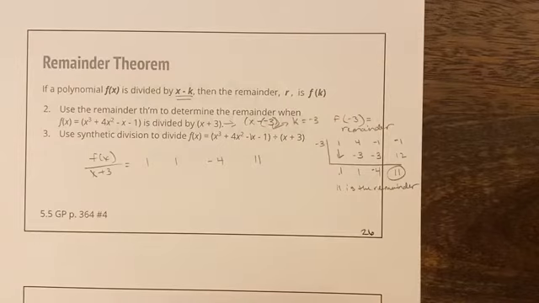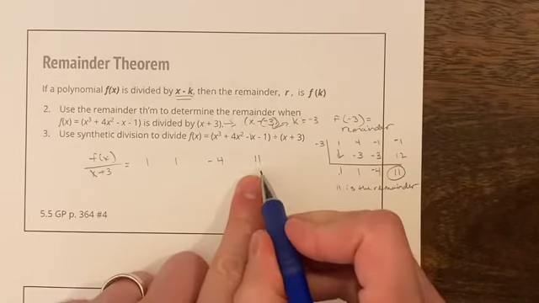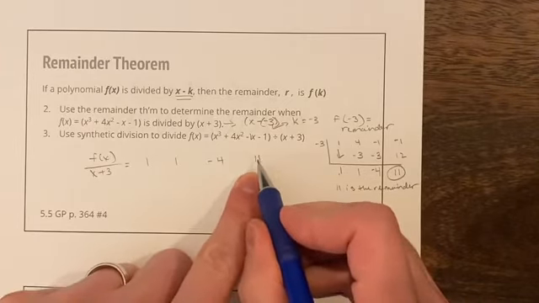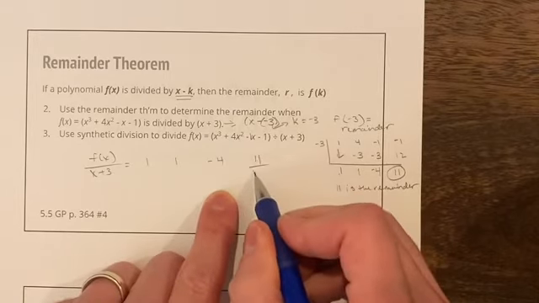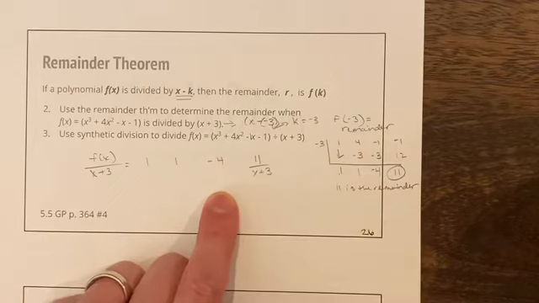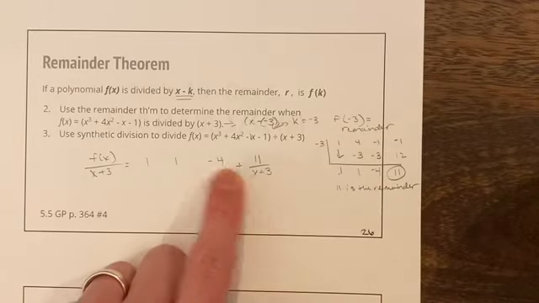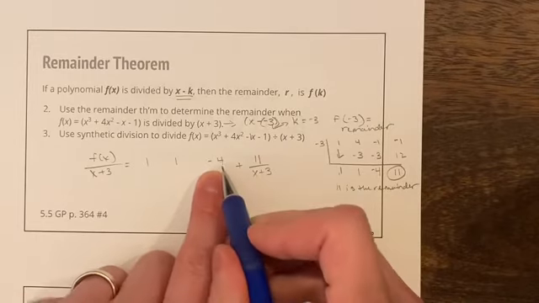Now, each of those terms needs a variable with a degree. So we always start here, knowing that this is going to be the remainder. Your remainder always needs to be divided by your divisor. So 11 divided by x plus 3. This is positive, so it's going to be a plus. From here, we go to negative 4.